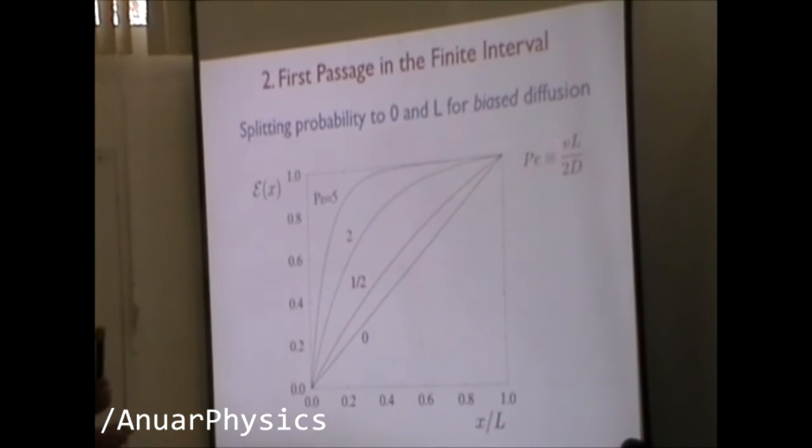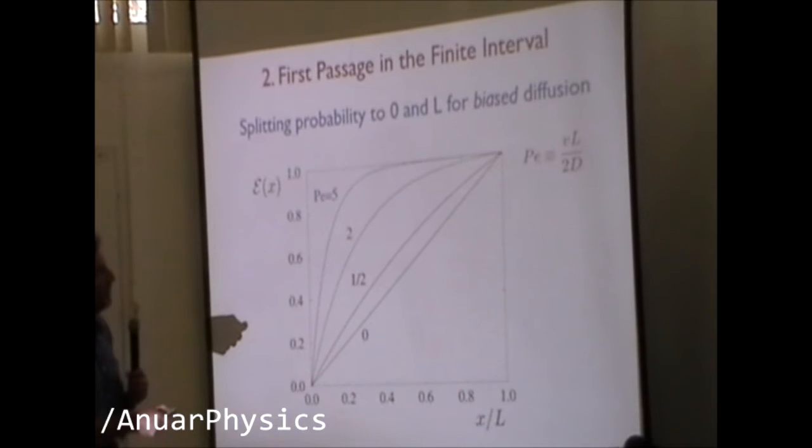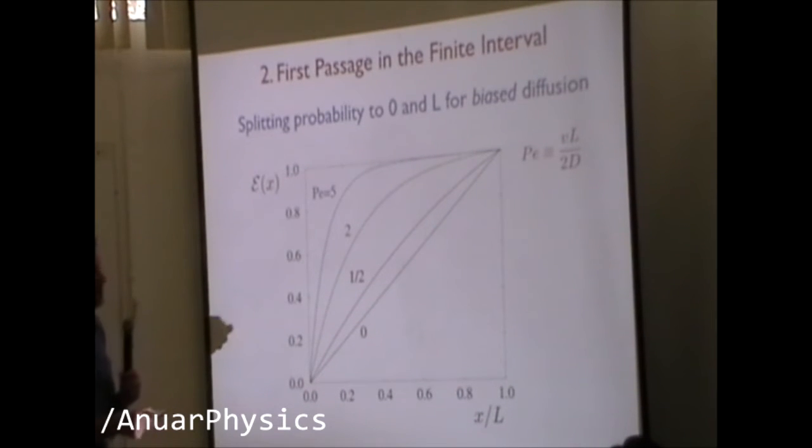That ratio is called the Peclet number, VL over 2D. It is a measure of the effect of the bias relative to the effect of fluctuations. So when the bias is large compared to fluctuations, the Peclet number is large. Otherwise, the Peclet number is small, which means fluctuations dominate.